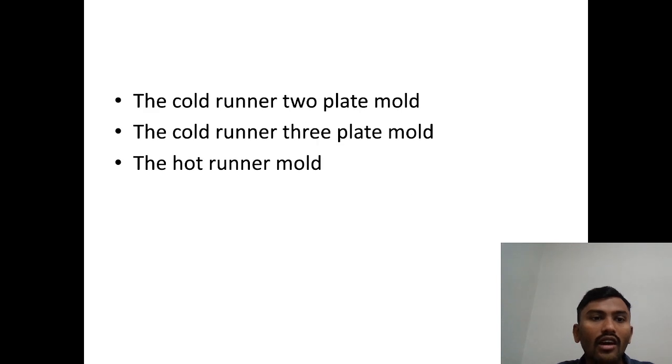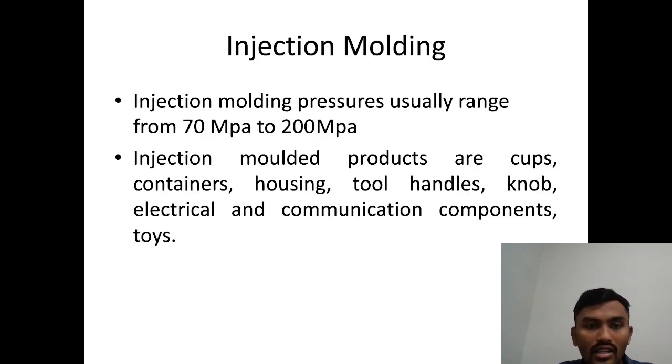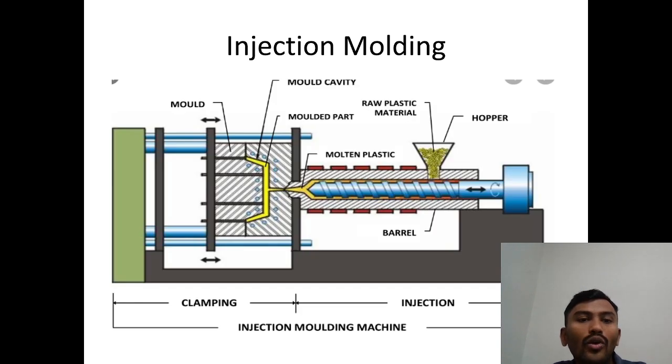We'll see that. There will be a cold runner two-plate mold in this injection molding. In injection molding, you can observe this part is called the mold, this is the mold part, and this is the mold cavity.